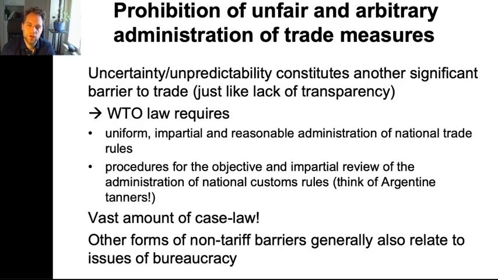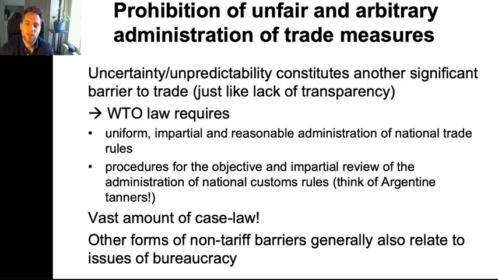So the WTO in general says there needs to exist a uniform, impartial, and reasonable administration of national trade rules, plus procedures for the objective and impartial review of the administration of national customs rules have to be applied. Think of Argentine Footwear. This is one case where we had an iudex in sua causa problem.